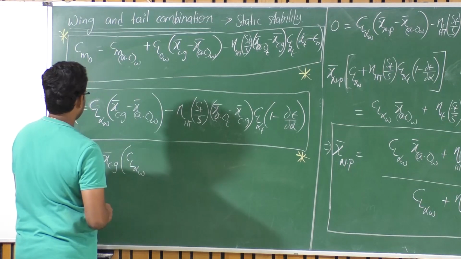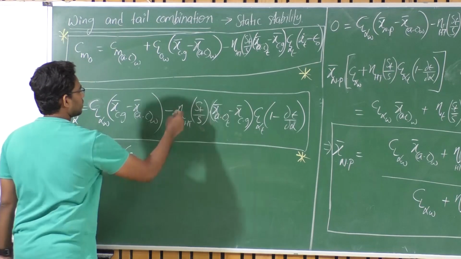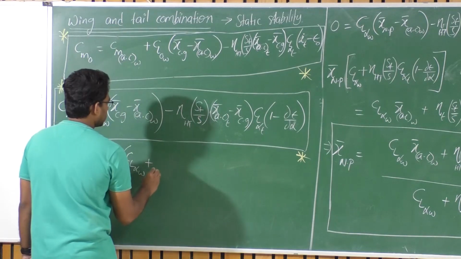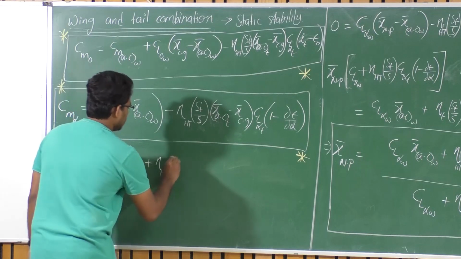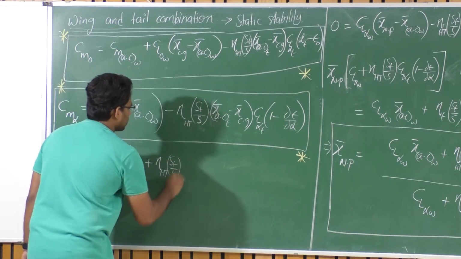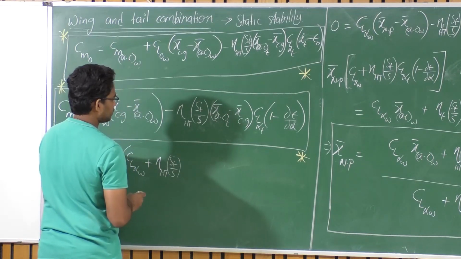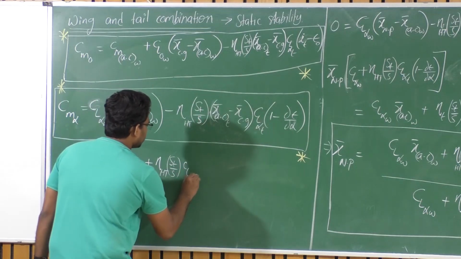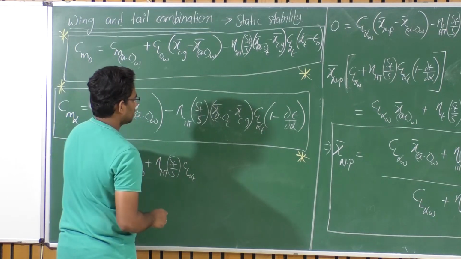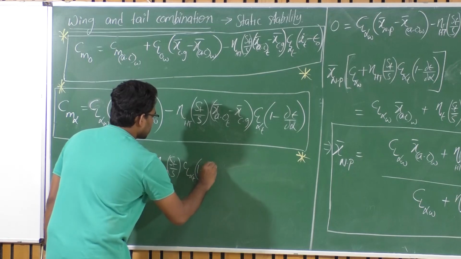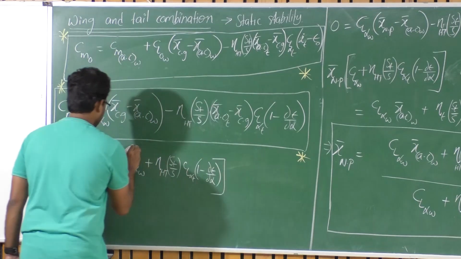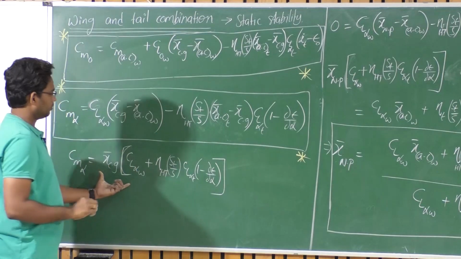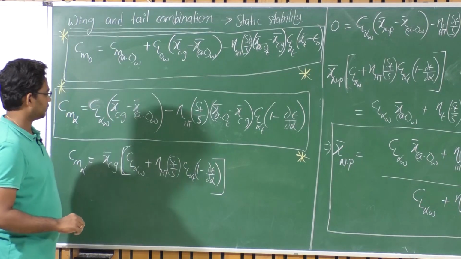So this is minus into minus, it becomes plus, plus eta of horizontal tail St upon S multiplied by Cl alpha of tail, and then the correction factor 1 minus dou epsilon by dou alpha. So I am just separating Cg terms and the coefficients here.